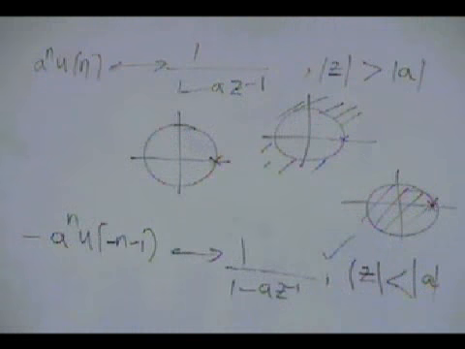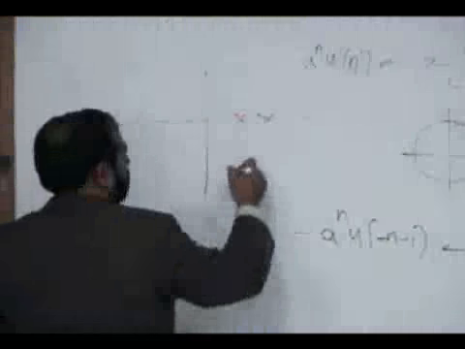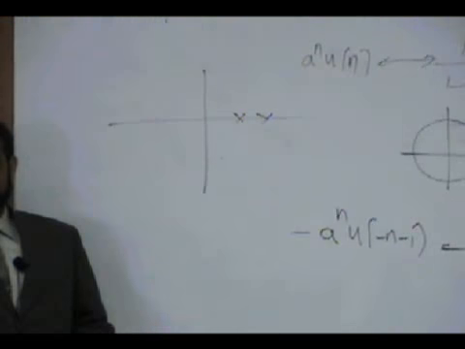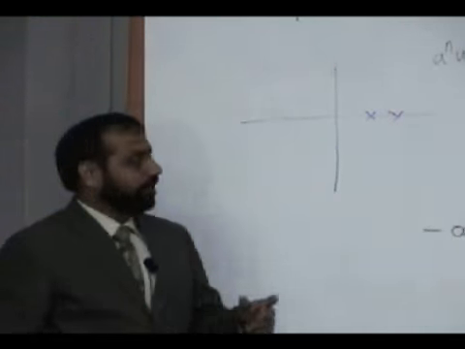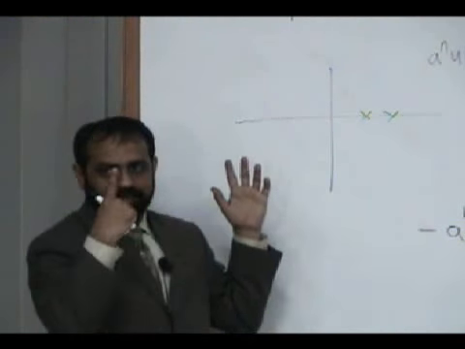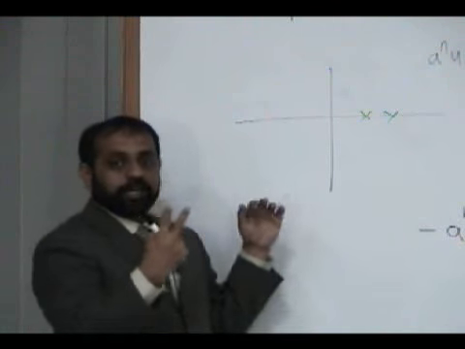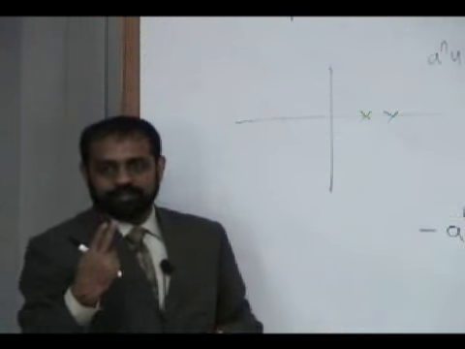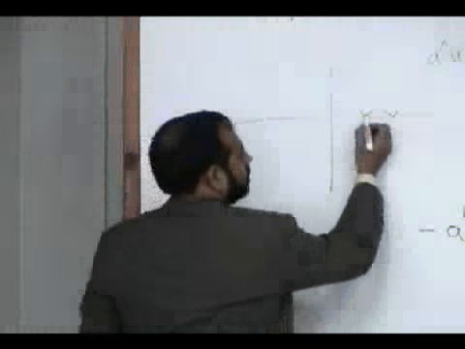This is good. So for one pole you have how many answers? Two answers. What if you have two poles? How many possible answers are there? One is both are left-hand side sequences, one answer. The other is both are right-hand side sequences, second answer. Third answer is this.